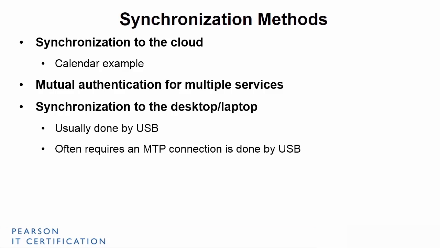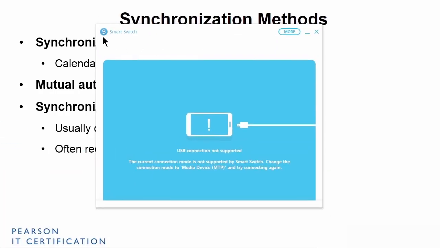Here's a common error that you might see with a mobile device. This is the Samsung Smart Switch program, which allows you to synchronize between all kinds of different devices and computers. You see here, I've already connected my Samsung device. And it tells us here, USB connection not supported.